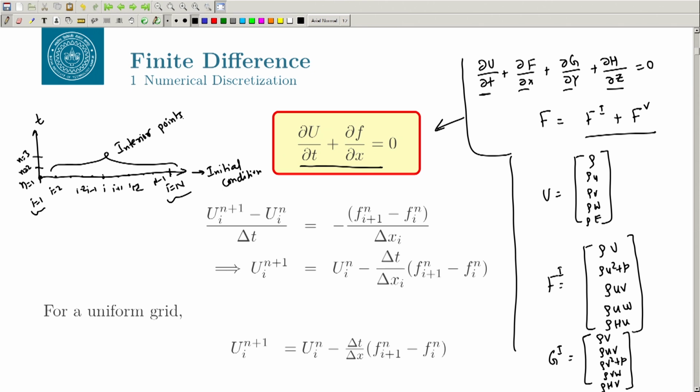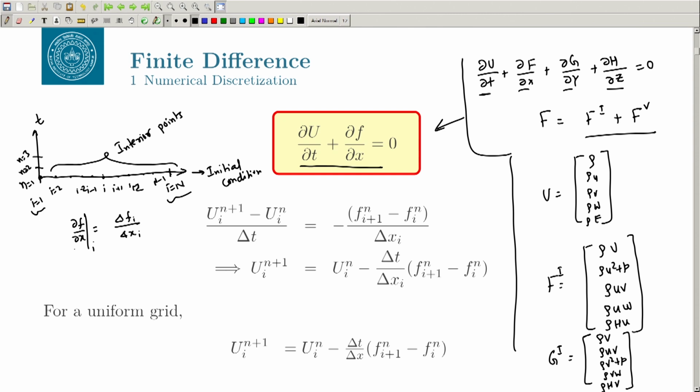From your elementary classes you might know that you can use any kind of scheme to solve these equations. Let us say you want to approximate del f by del x at point I. This is a very crude approximation, delta f by delta x at I, where delta x is very small.